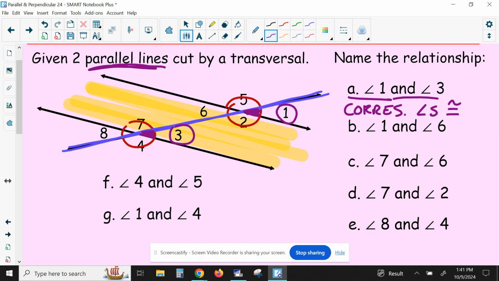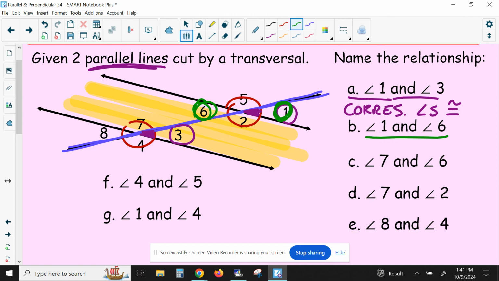Next one, I'll do green. We have 1 and 6. So find 1. He's right here. 6 is right here. What do you notice about 1 and 6? They're on the same pizza, aren't they? Okay, so you only have 2 options.